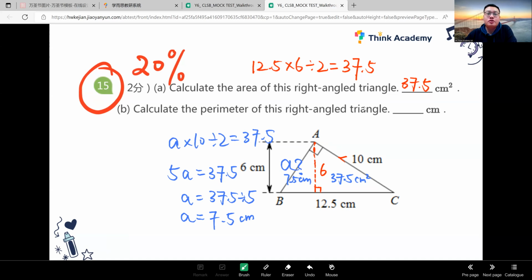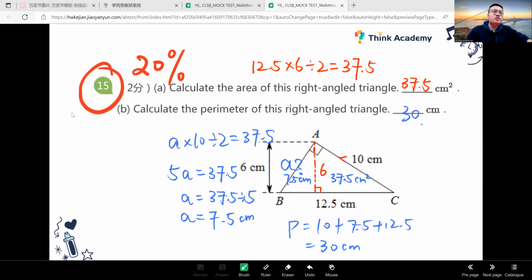So the perimeter equals to 10 plus 7.5 plus 12.5, which gives us what number, guys? 29.5. You see, you got 2.5, 30. It must be an integer. Yes, 30 centimeters. Okay, that's it. It's gonna be 30 centimeters.